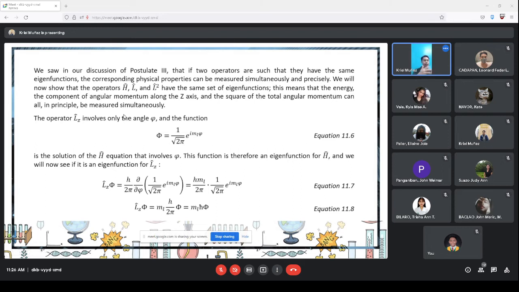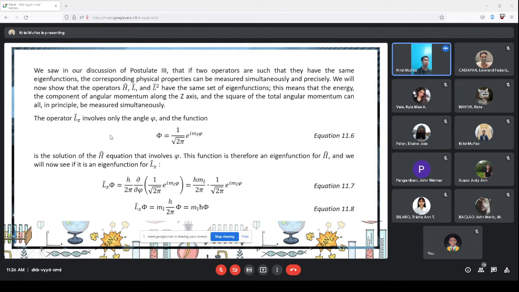The operator L sub z hat involves only the angle phi, and our function is a solution to the Hamiltonian equation. So we have psi equal to 1 over square root of 2 pi times e raised to i m sub L times phi.